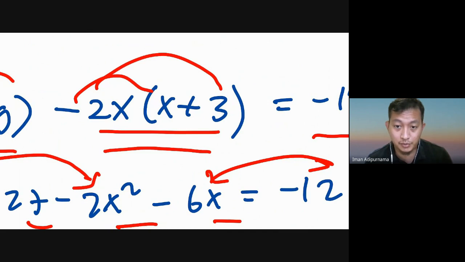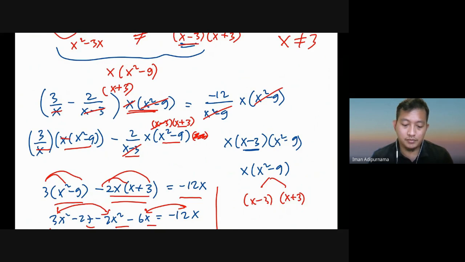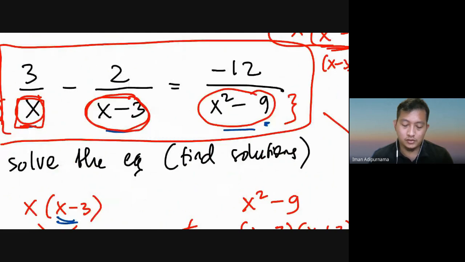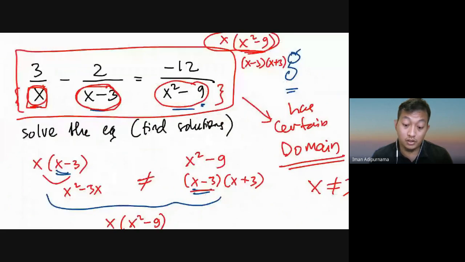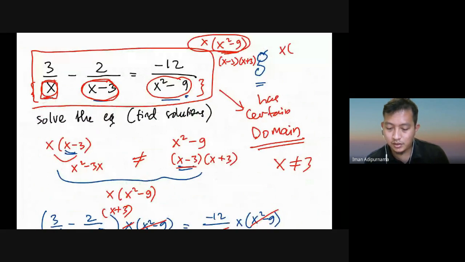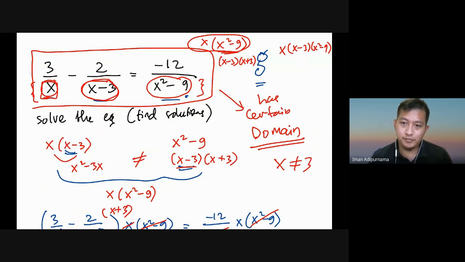Do you get my point, Helen? So if you see any fractions like this one, the first thing we need to do is multiply with all, like x minus 3, and then x squared minus 9. But because x minus 3 is inside x squared minus 9, we don't really need these multiplications. It will make our calculations difficult, right?